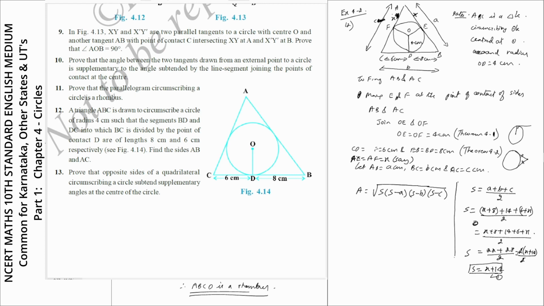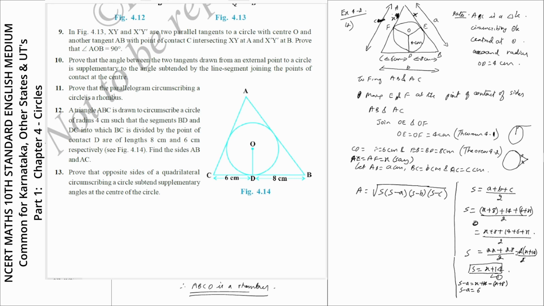For equation 1, if I subtract A on both sides, S minus A is equal to X plus 14 minus A. What is A? See the diagram. A is X plus 8. So X plus 8. So S minus A I will get as 6, because X and X will get cancelled, 14 minus 8, I will get 6 centimeter.